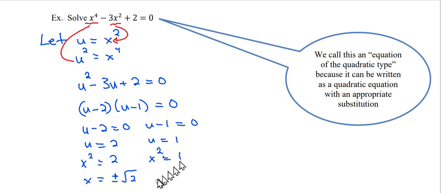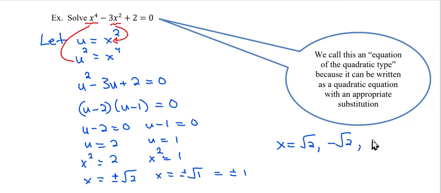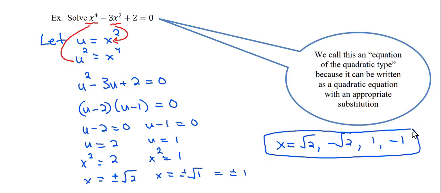Same thing here. X equals plus or minus the square root of 1, which is just 1. So now I have these four solutions. X equals the square root of 2, negative square root of 2, 1, and negative 1. Those are my four solutions.